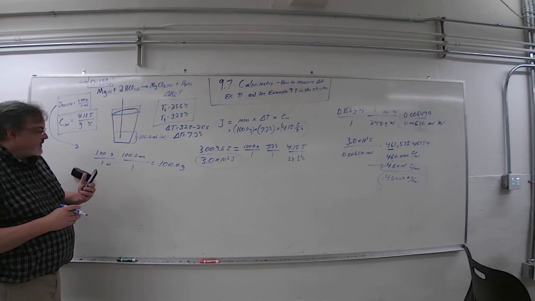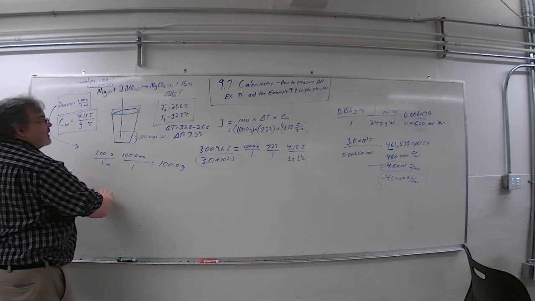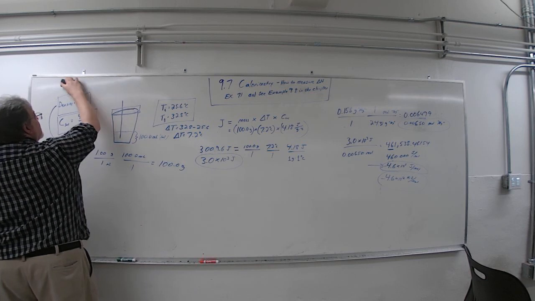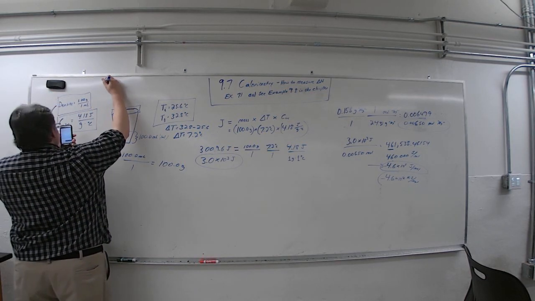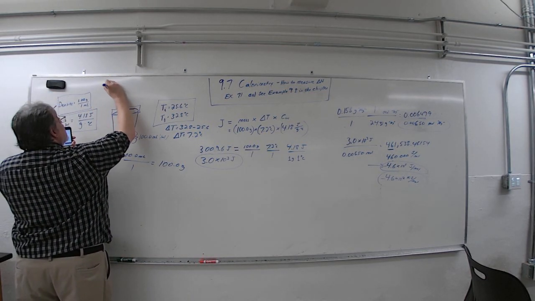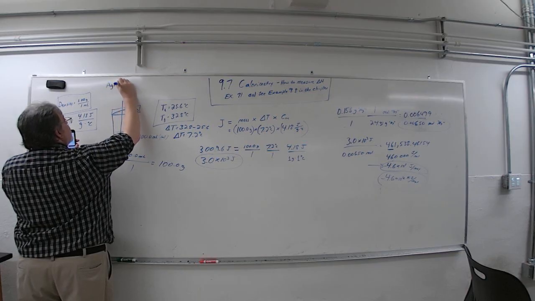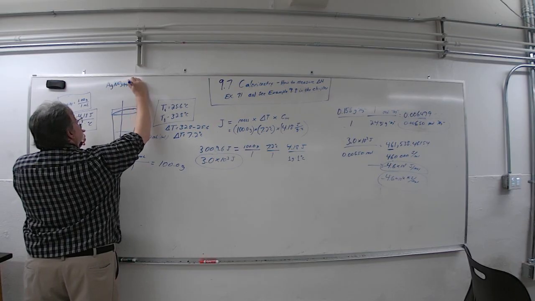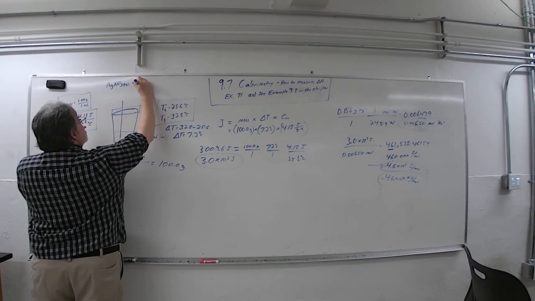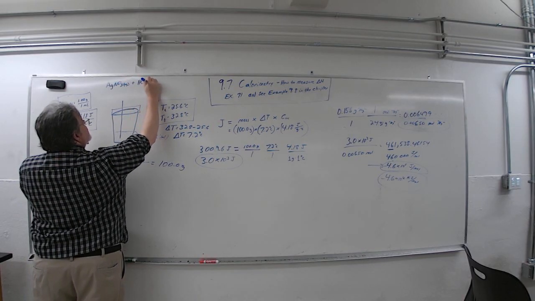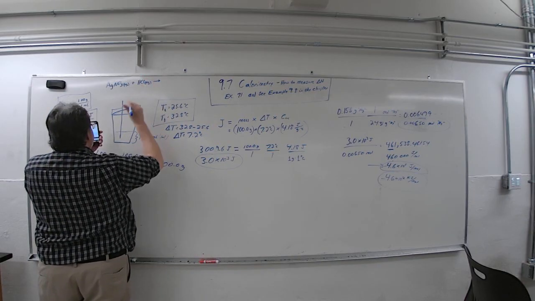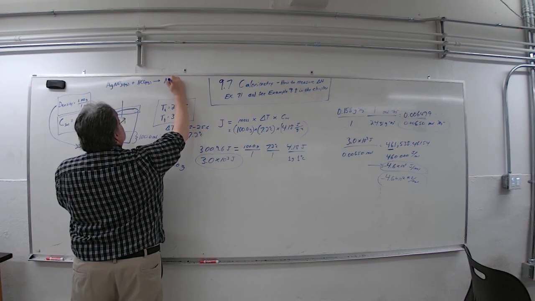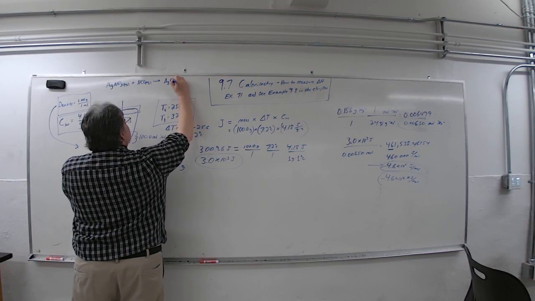Let me do another one that's very similar. This one, the reaction is AgNO3 aqueous plus HCl aqueous gives us AgCl solid.